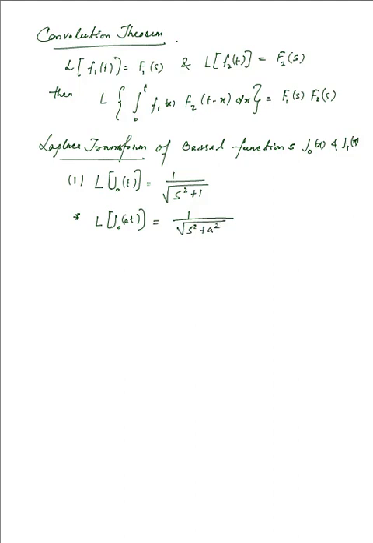And then the Laplace transform of J1(t) is going to be equal to 1 minus s over the square root of s squared plus 1. So these are the formulas associated with the Laplace transform of the Bessel functions.